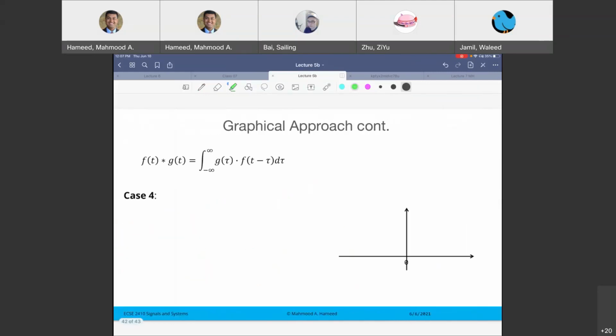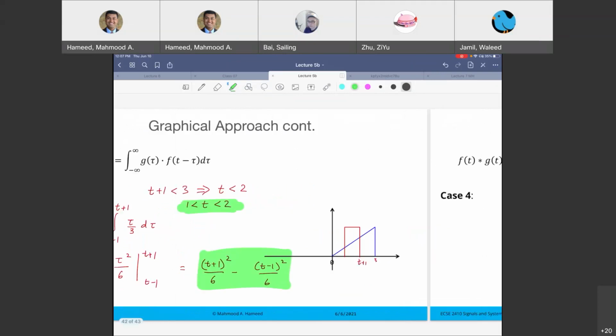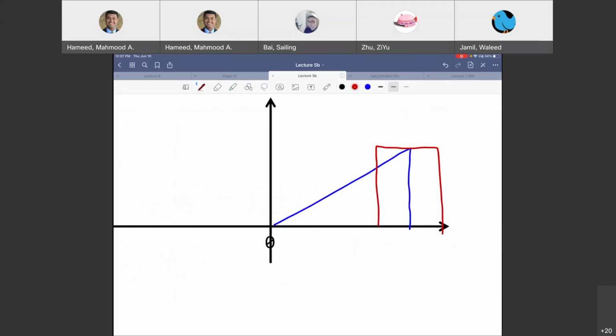Case 4. What is going to happen next? That rectangle is going to exit out of the triangle, right? What are the limits going to be here?